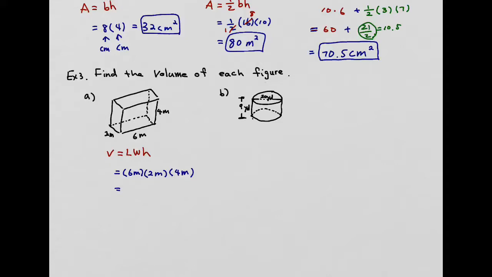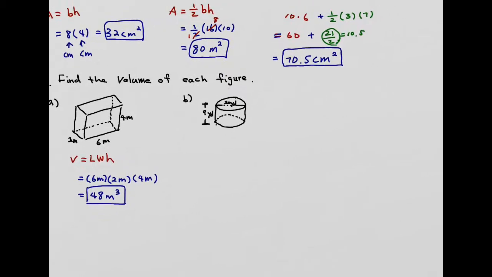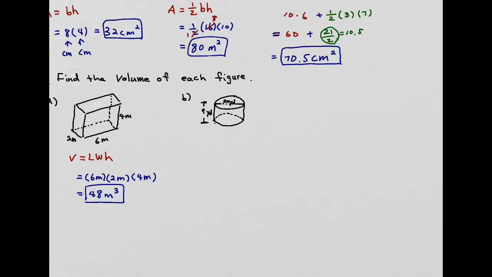And when you're multiplying all these numbers, 6 times 2 times 4, you get 48. And your unit is going to be, because you're multiplying 3 meters, cubic meters. So again, as long as you know the formula, you just need to basically replace it. Let's look at the next one.